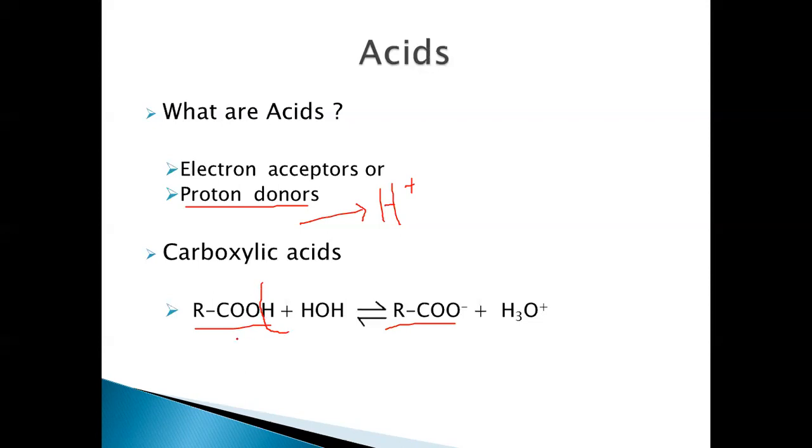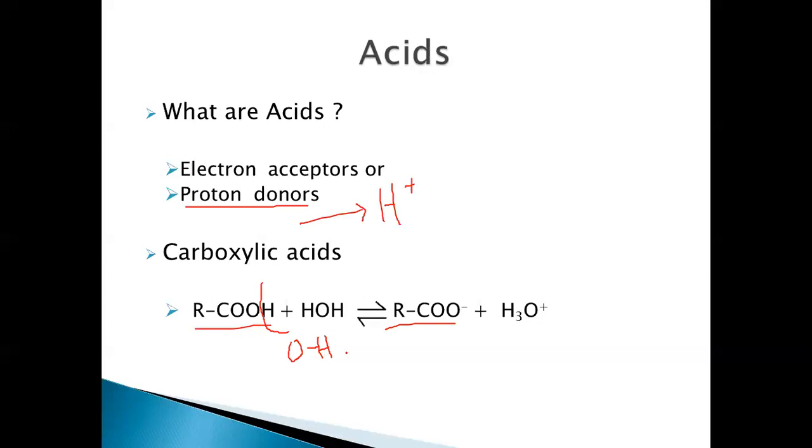So the acidity here depends upon the bond dissociation of OH. If it is easy to give away the H easily here, the more is the acidity. So the strength of the carboxylic acid depends on the ease of the dissociation of the OH bond.